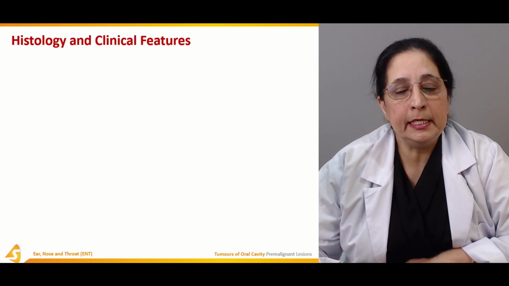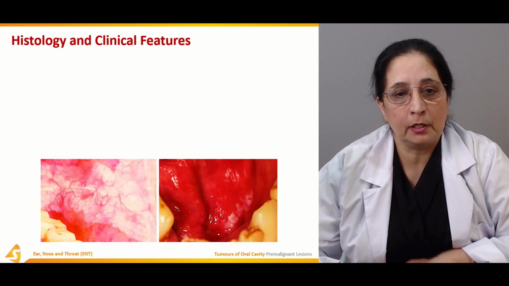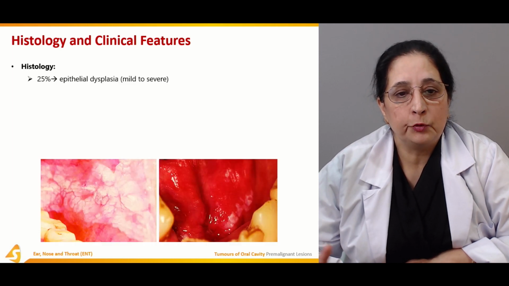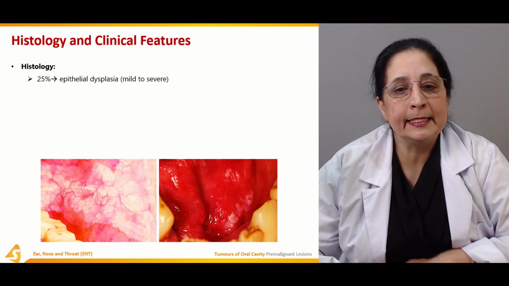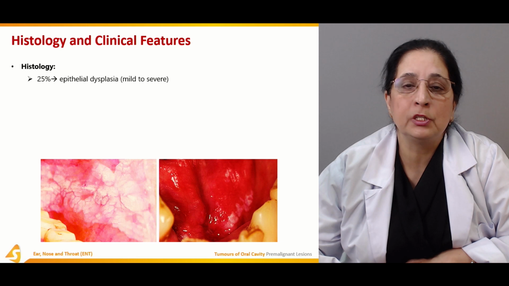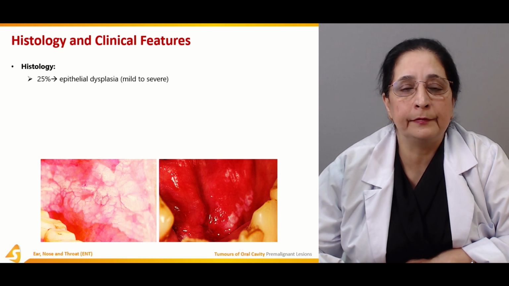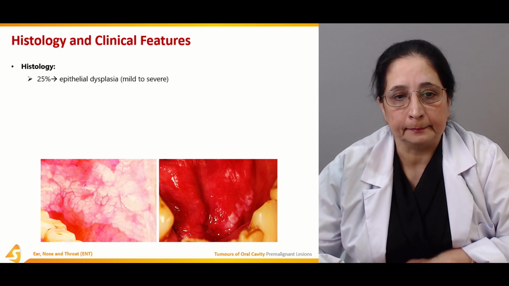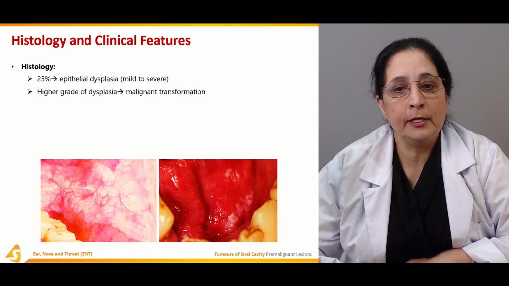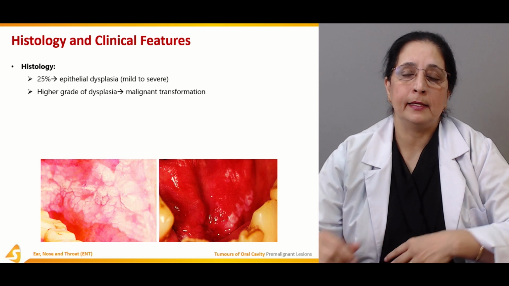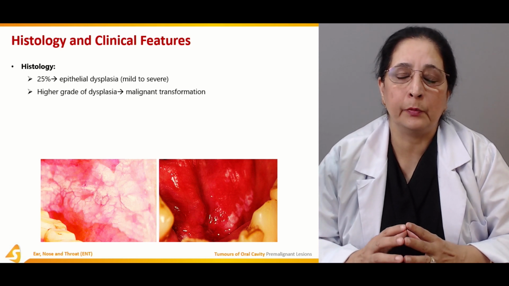Then histology and the clinical features: in 25% of cases there is epithelial dysplasia, mild to severe dysplasia of the epithelium. With a higher grade of dysplasia, there is malignant transformation.